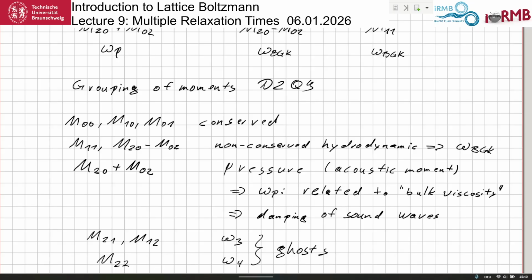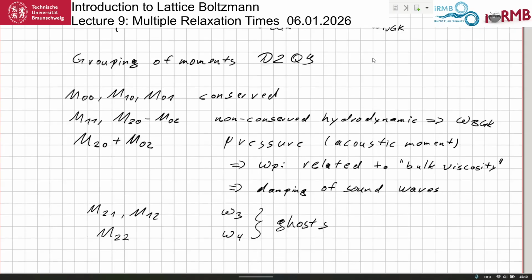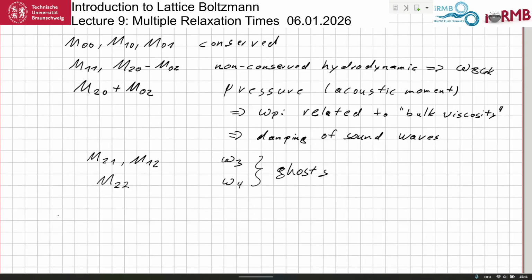So now there are lots of different things that you could potentially do with omega p, omega 3, and omega 4. But one idea that is kind of obvious is that you use them to increase the dissipation that does not associate with viscosity directly, like damping sound waves without damping shear waves.